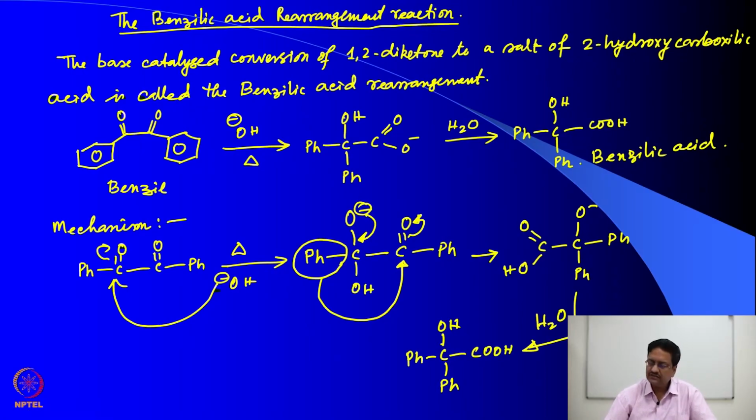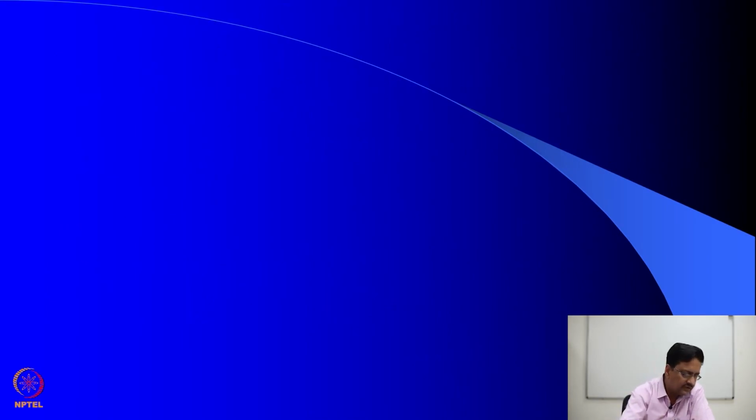So, this reaction seems to be very simple, and this is again a rearrangement reaction where the phenyl group migrates with the pair of electrons present in the bond between the phenyl group and the carbon. This reaction is also observed in various other similar compounds that I can show you here.